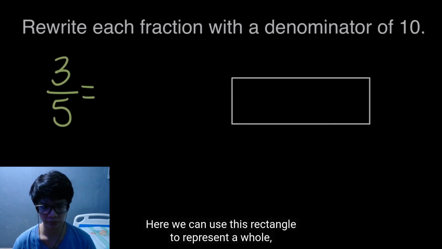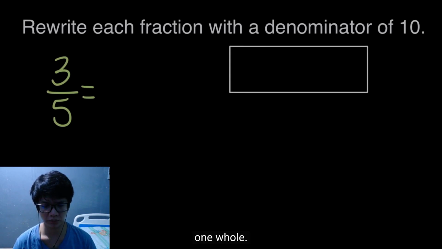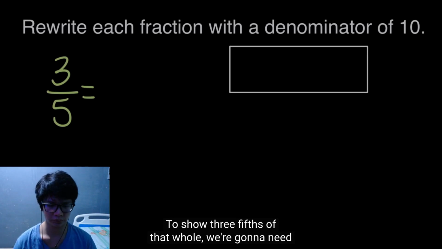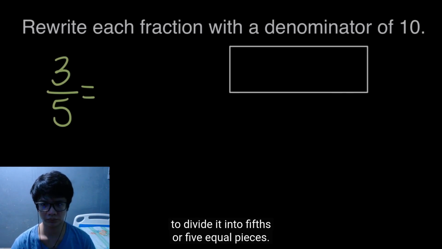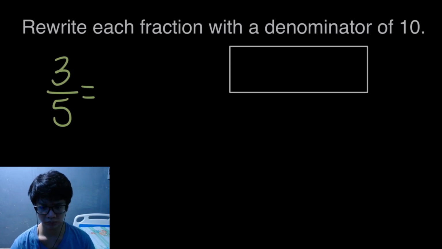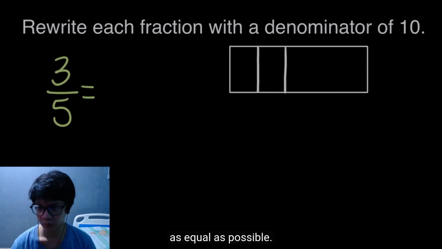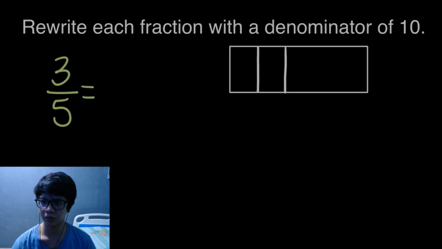We can use this rectangle to represent a whole, one whole. And to show 3/5 of that whole, we're going to need to divide it into fifths, or 5 equal pieces. So let's do that. We'll try to make these as equal as possible.